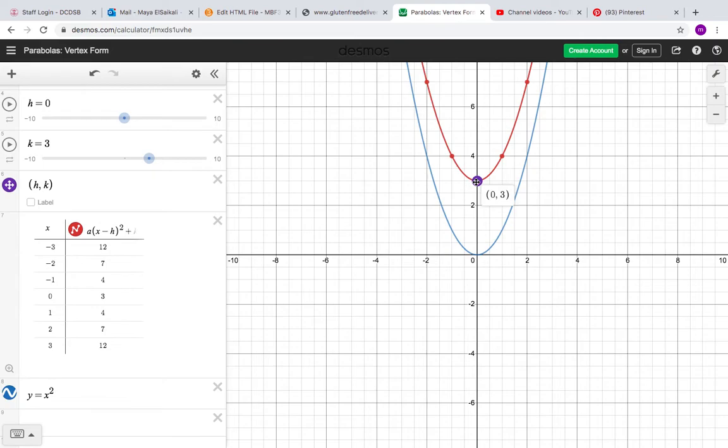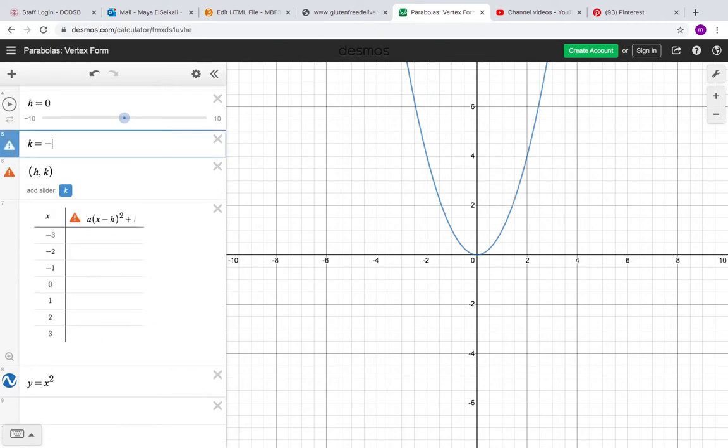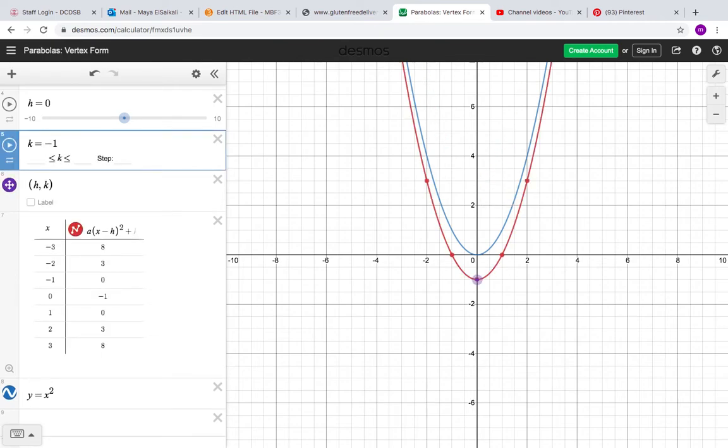Now, how about if the k value is negative? What if k is negative 1? We see that the graph has been translated 1 unit down. Instead of being at (0, 0), now my vertex is at (0, negative 1), and that tells me that my whole graph has shifted 1 unit down.